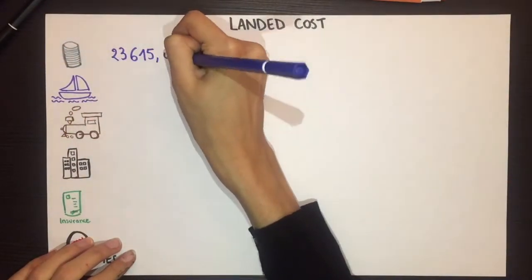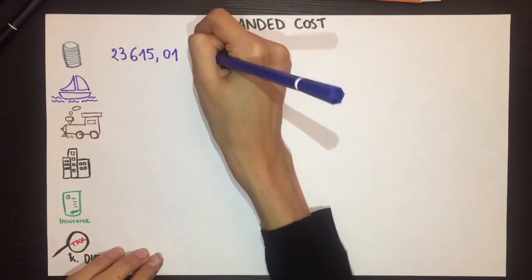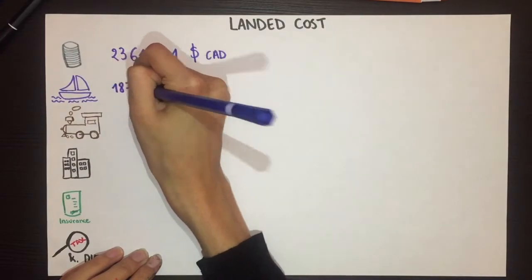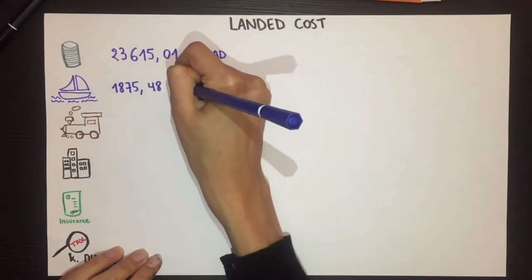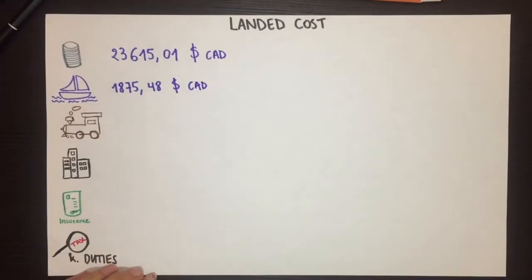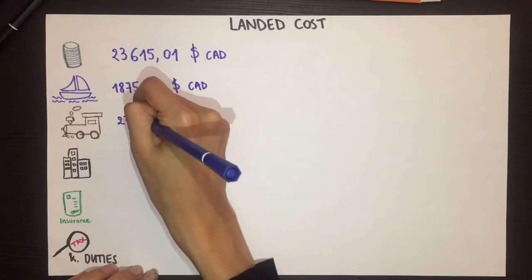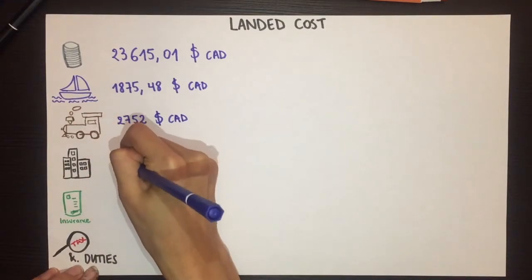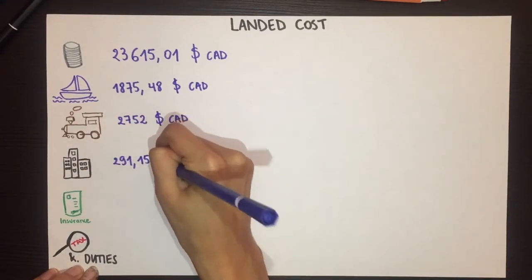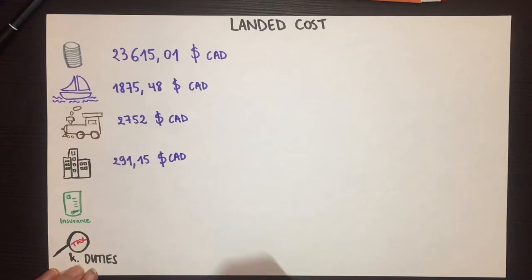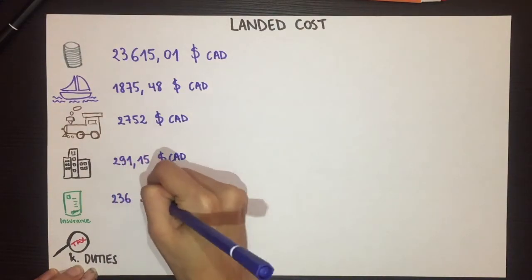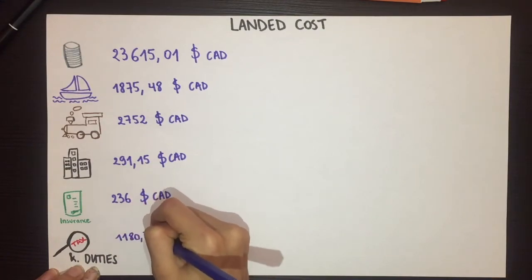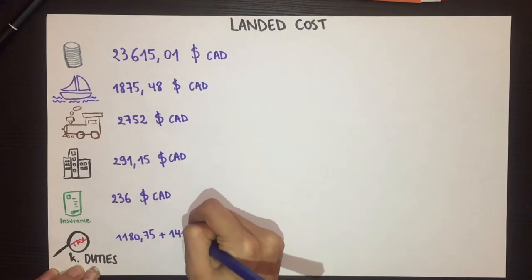As for landed costs, everything here is expressed in Canadian dollars. For the total value of our goods at FOB Belawan, it is $23,615.01. As for the shipping cost for Maersk, it's $1,875.48. As for the railway cost, it's $2,752. The customs brokers charge us a rate of $291.15. Insurance will cost us $236.